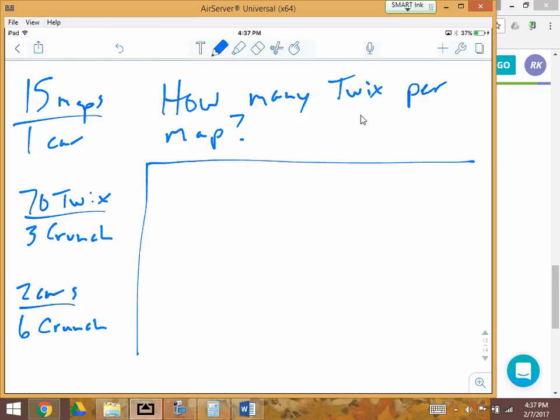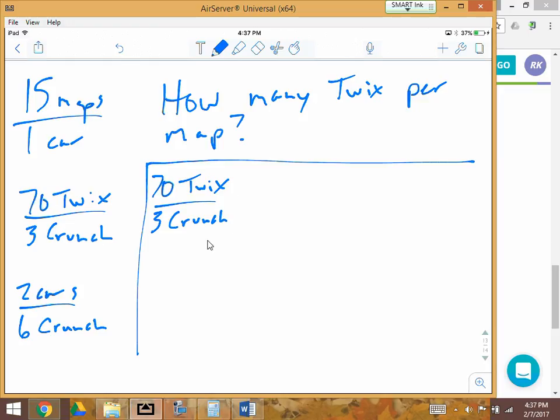So I'm starting with Twix, Twix per map. So I'll just go ahead and start with this here. 70 Twix per three crunch. And I don't have any other Twix references, so I have to start with this one.